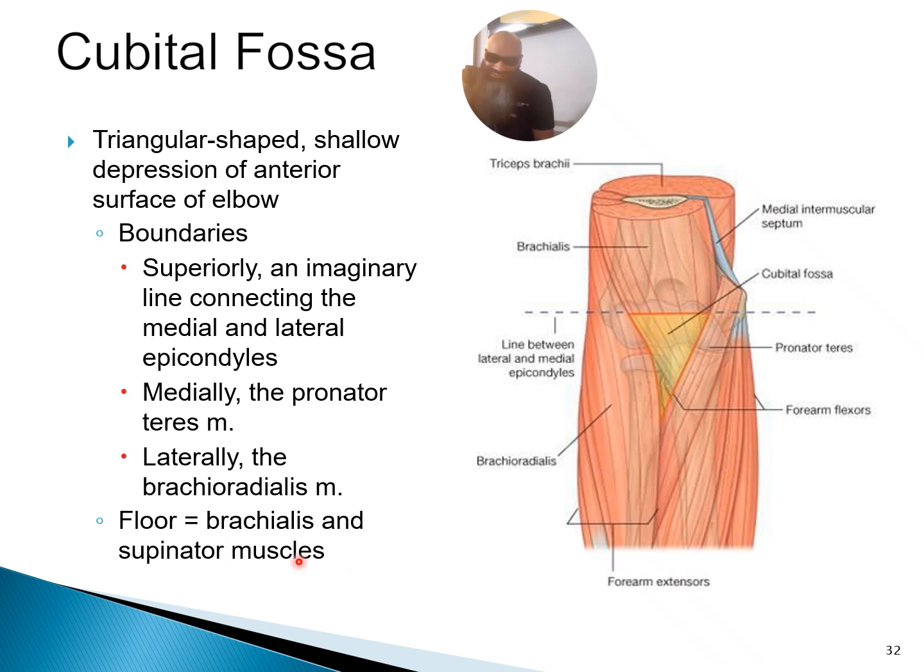All right, and then the floor, el piso, is your brachialis and supinator muscles, okay? So big circle around this guy, know your borders, know what you're looking at, because if you're asked to put in an IV, I need you to know that you're not sticking it into the pronator teres, you're actually hitting them, okay? Because I've had that happen before where they miss the vein and you get this big bolus of superficial fluid accumulation in one of the compartments, and then that leads to compartment syndrome.